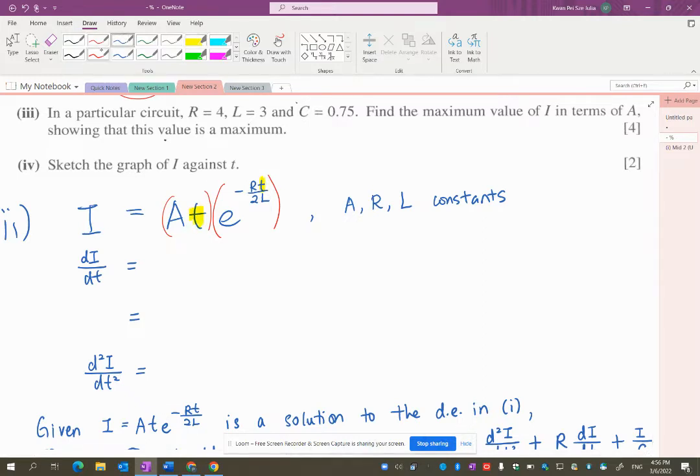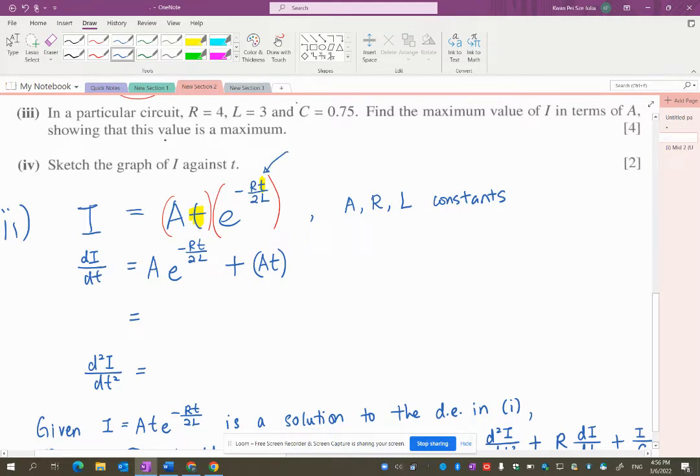So we're going to use the product rule. For the product rule, we will first differentiate the first term. Differentiating At is just A, and copy the second term, plus copy the first term, differentiate the second term. Differentiating e to the power of negative Rt over 2L means differentiating this power.